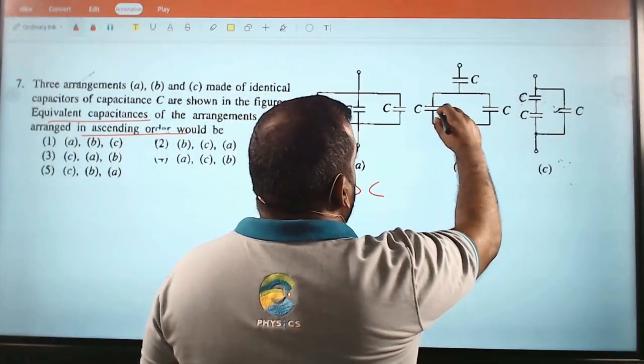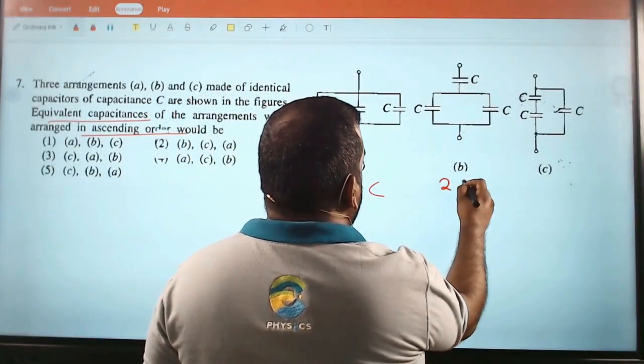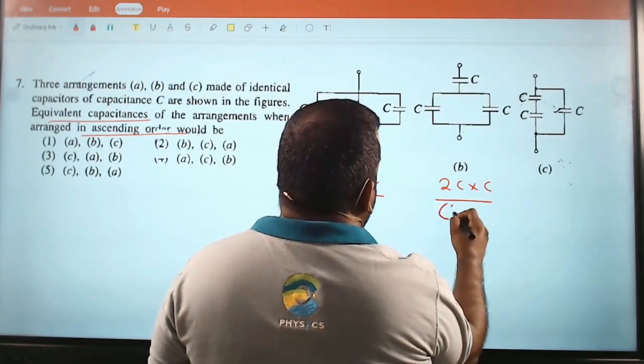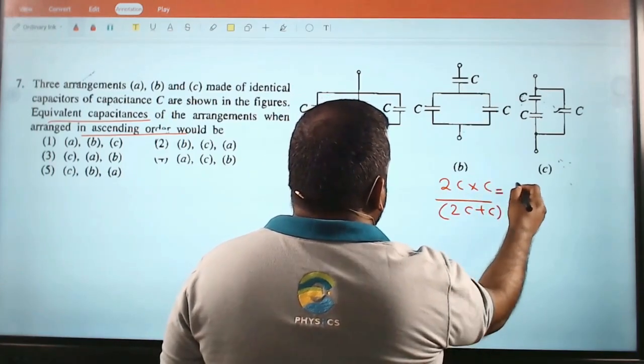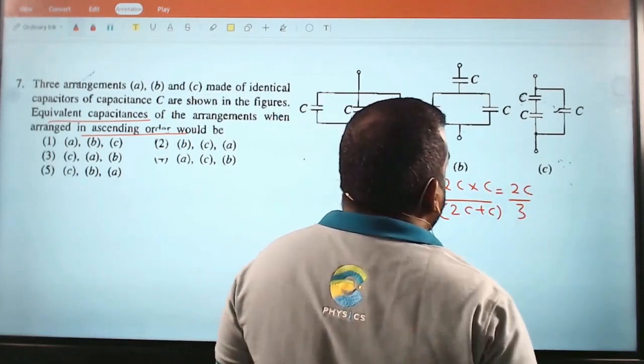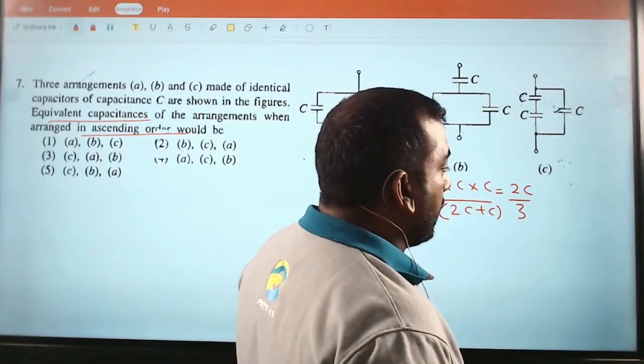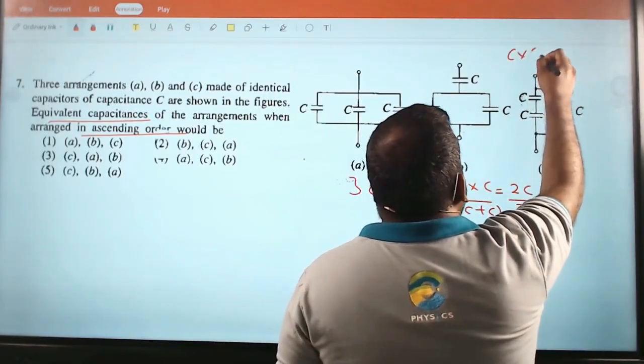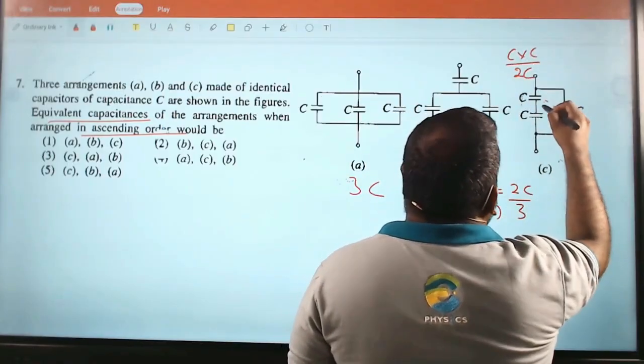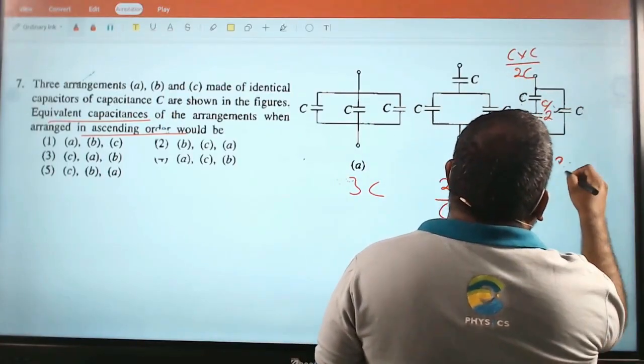Parallel means 2C and C, that means 2C multiplied by C divided by the sum, which is 2C/3. Capacitors in series are like resistors in parallel: C times C divided by 2C, that's C/2. Then 3C/2.